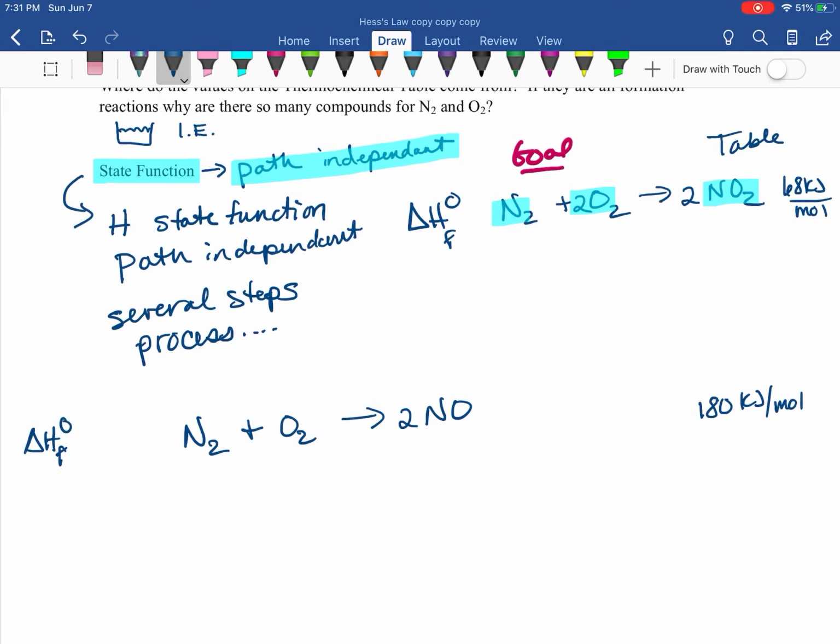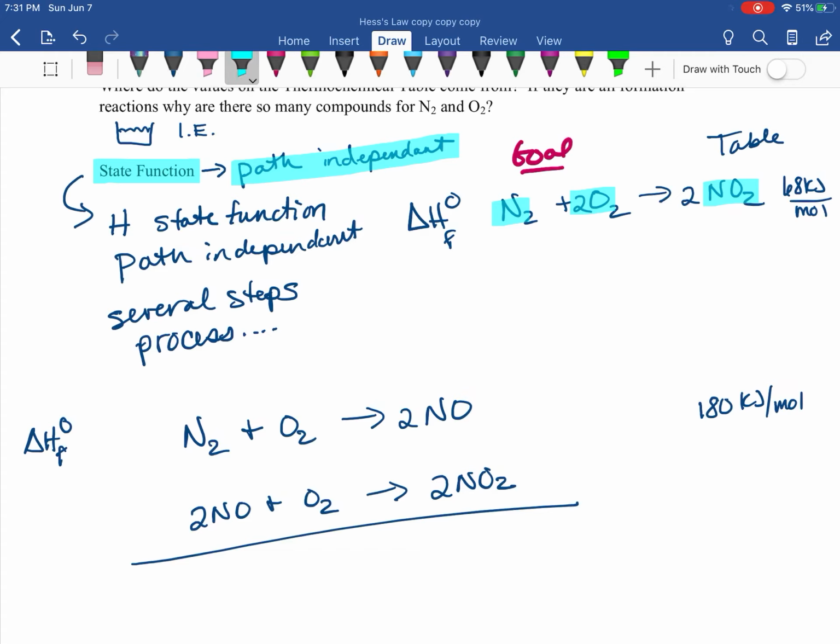Well, hang on a second. That's on the table also. All right, that is on our table. And then it turns out that that NO turns right around and smacks into another oxygen, and that makes NO2.